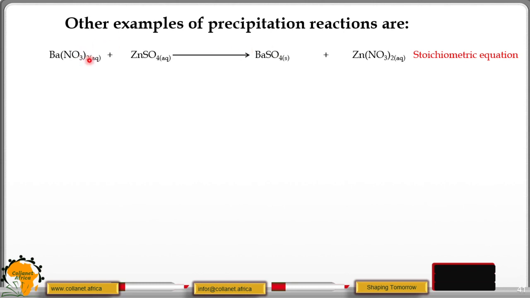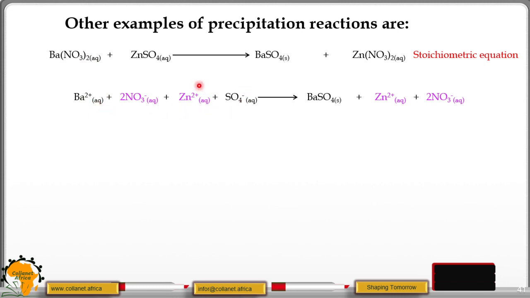We have barium nitrate plus zinc sulfate to get barium sulfate plus zinc nitrate. It's a stoichiometric equation. Remember, barium sulfate is insoluble. So we have barium ions plus nitrate ions. Remember, it's a soluble salt, so you can write it in separate ions.